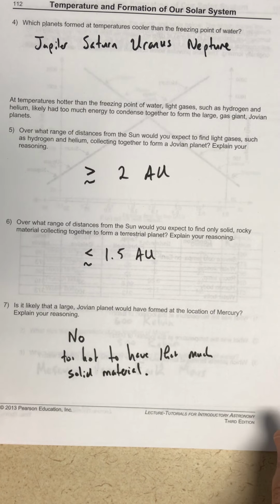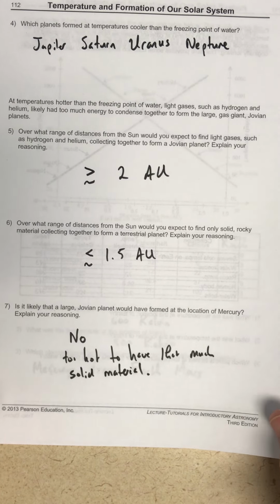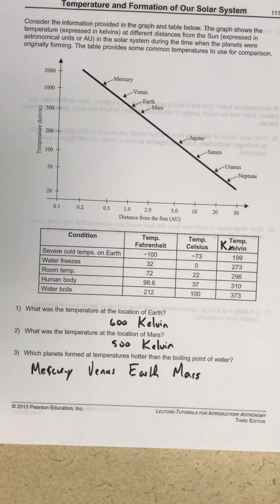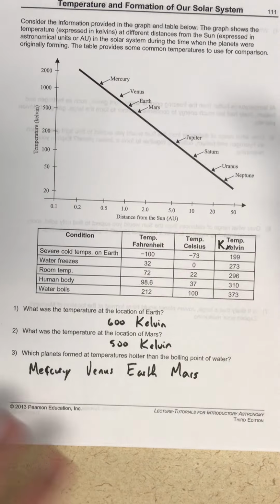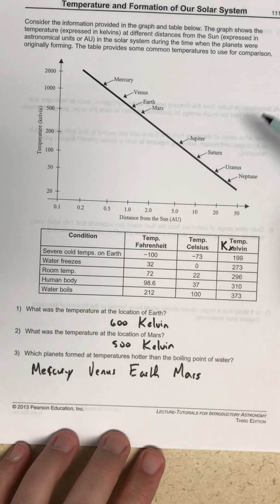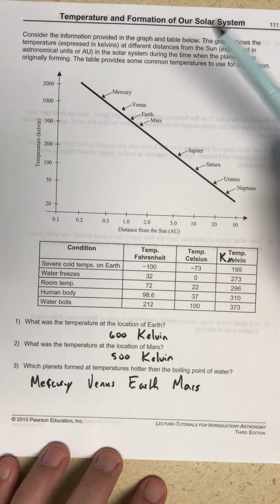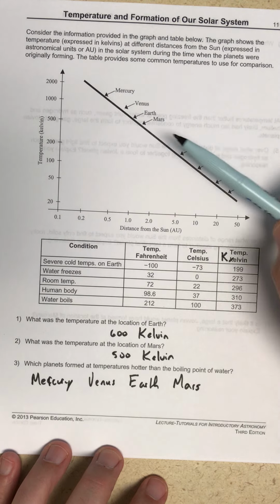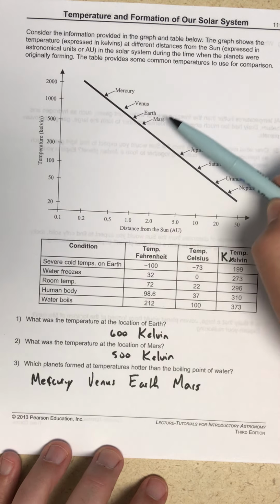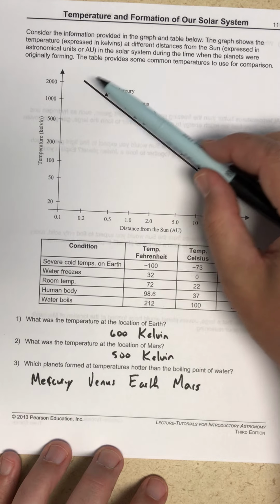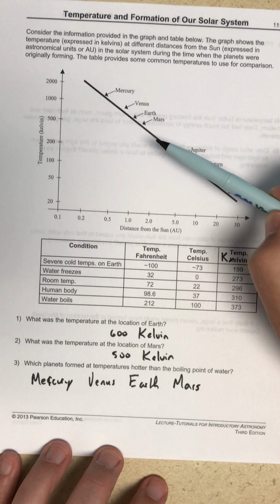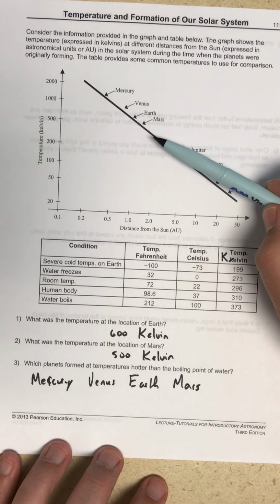All right, so we get a fair bit of insight into how our solar system formed by looking at what the temperature was in different locations in the protosolar disk as the solar system was forming. We have a range where terrestrial planets are made because in that region we had only metals and rocks that are solid.